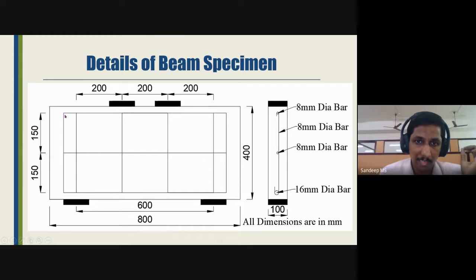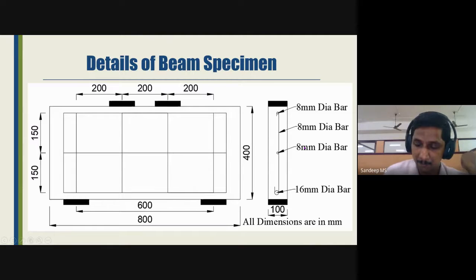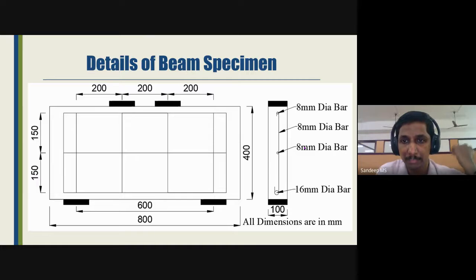The main reinforcement, for getting the development length, is bent at 90 degrees and extended up to the top point. This U-shaped bar is our main reinforcement, with a diameter of 16 millimeters. All the other things are side face reinforcement with 8 mm diameters. So this will be our example problem that we will be analyzing today.